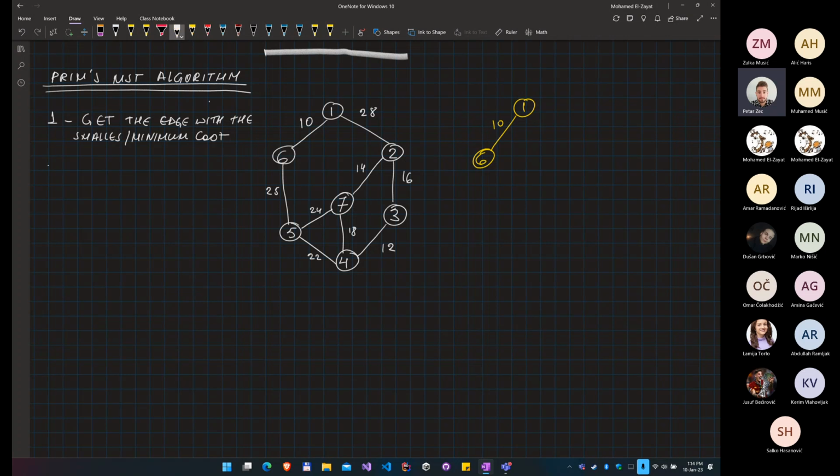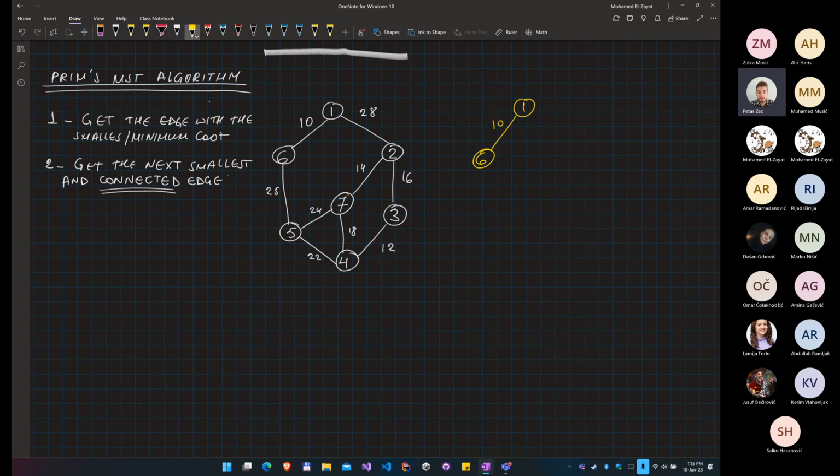The next step: get the next smallest connected edge. And this is very important, the connected bit. And you repeat the process.